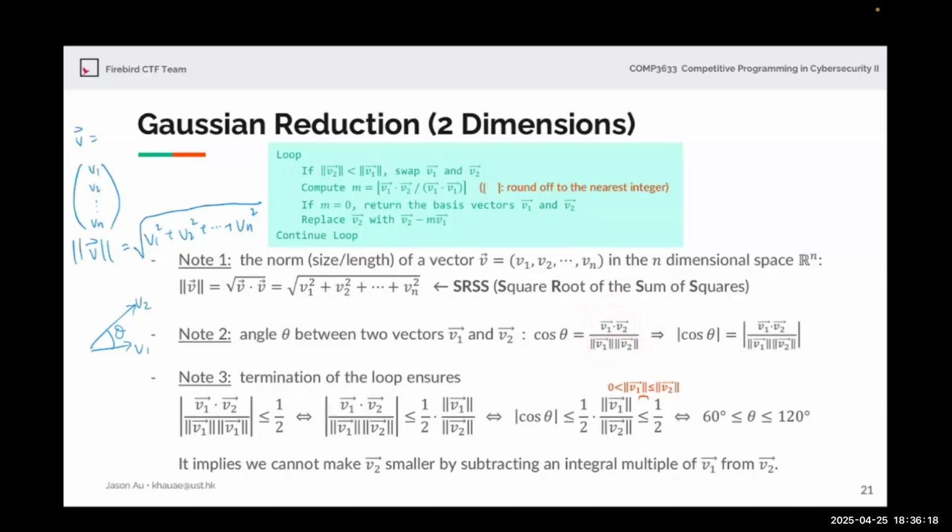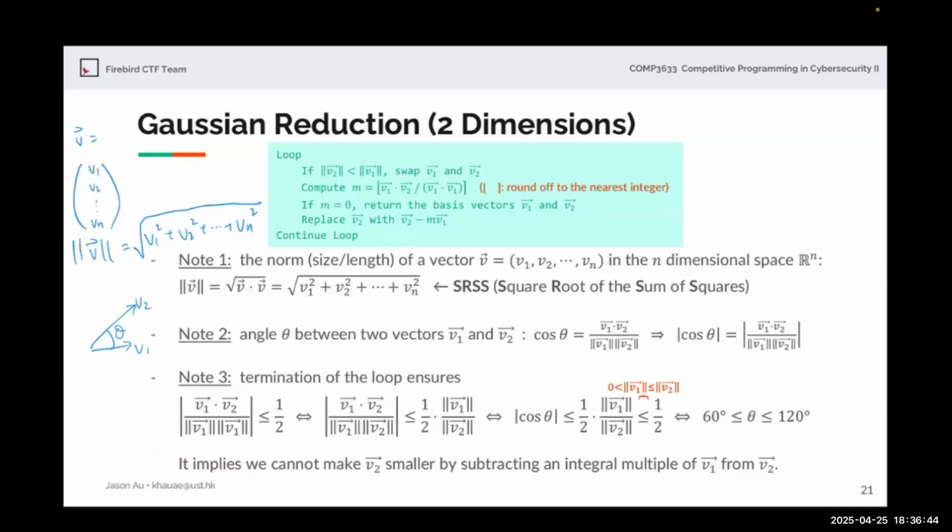If we take the absolute value of the 2 sides, we will have cosine theta equals this one. And in our Gaussian reduction algorithm, we have m equals the dot product of V1 and V2 divided by the square of the norm of V1. So it's actually this one.